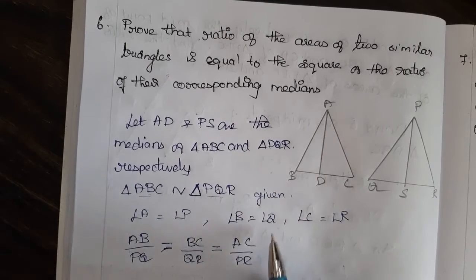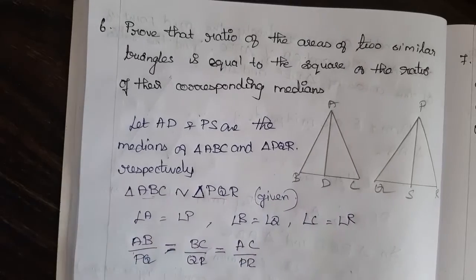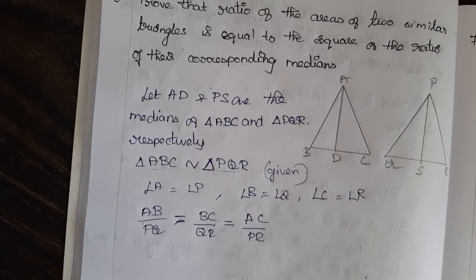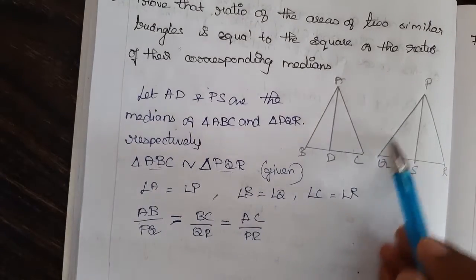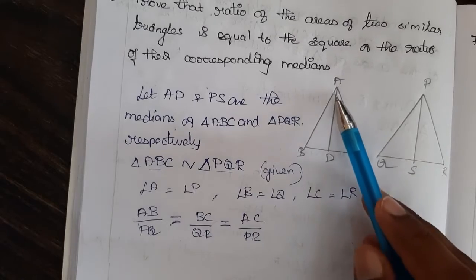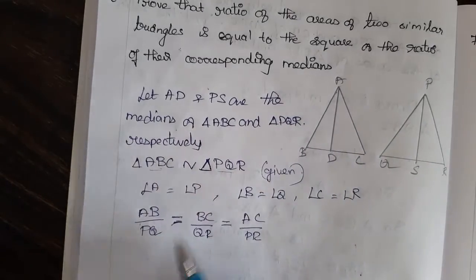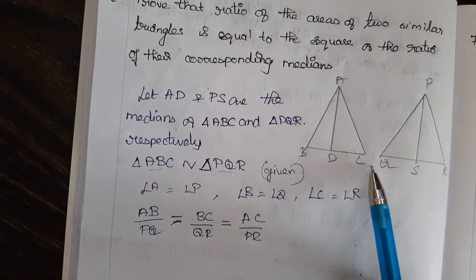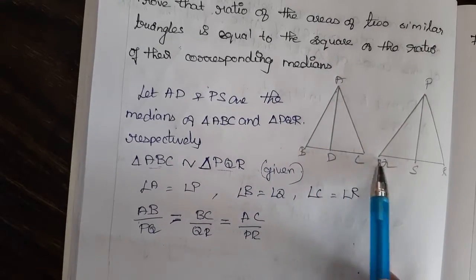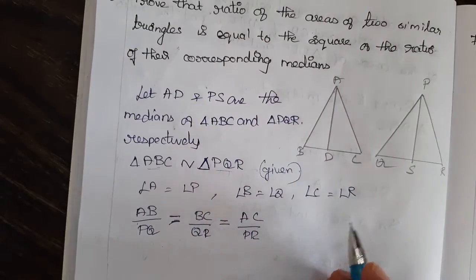So this is written from the given. Now we have to prove that the triangles with the medians are similar. We already know the ratio of AB and PQ. Then the rest, we have to prove the included angles are equal. This we have already proved. You remember, I think, right?